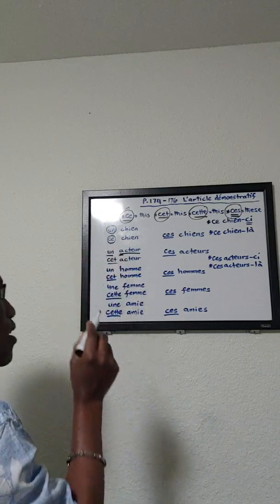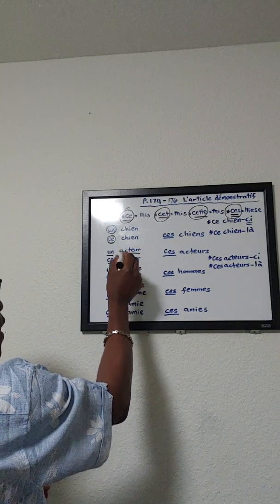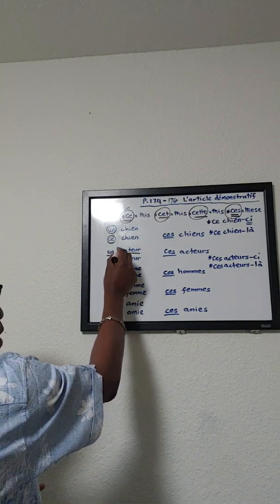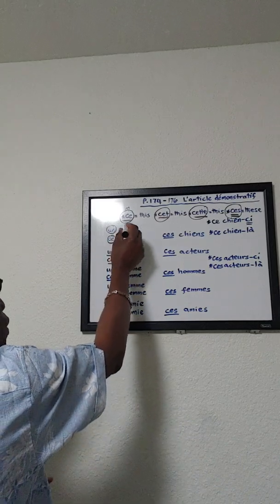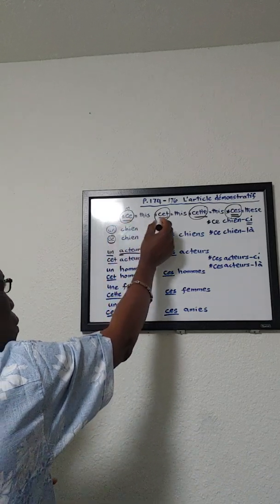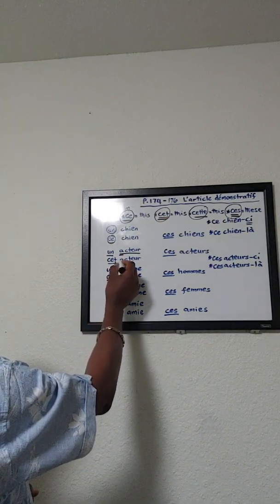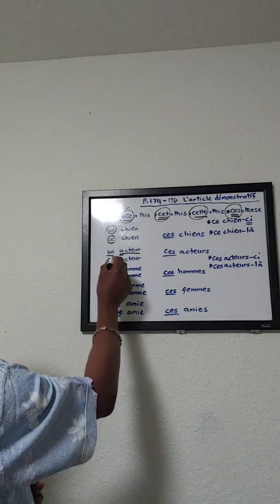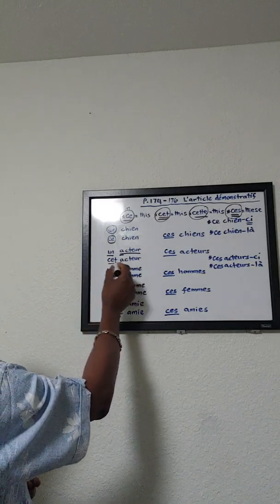So if the masculine singular noun begins with a vowel, you will not use ce, you will use cet, with a liaison with the vowel that follows the T. So you will say cet acteur.